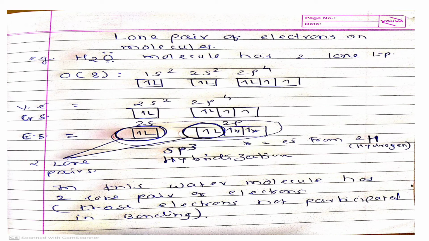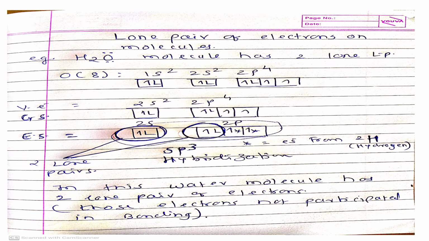Here is a water molecule, and through the hybridization concept, we will try to understand how the lone pairs of electrons result in the molecule. So friends, here is oxygen, which has atomic number 8, and this is the general electronic configuration for oxygen: 1s2, 2s2 and 2p4.